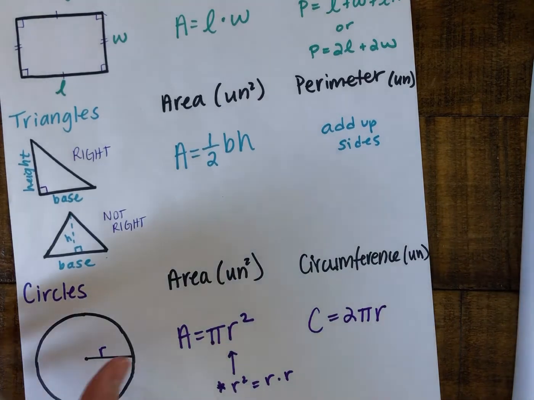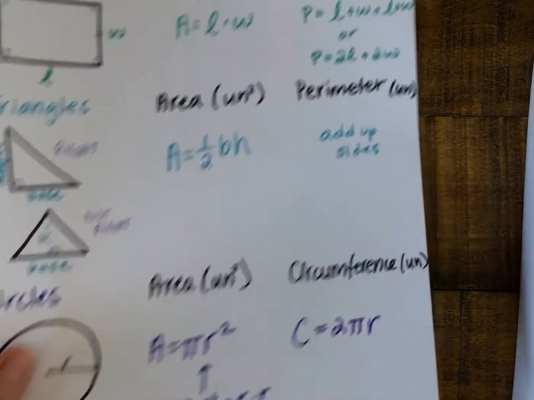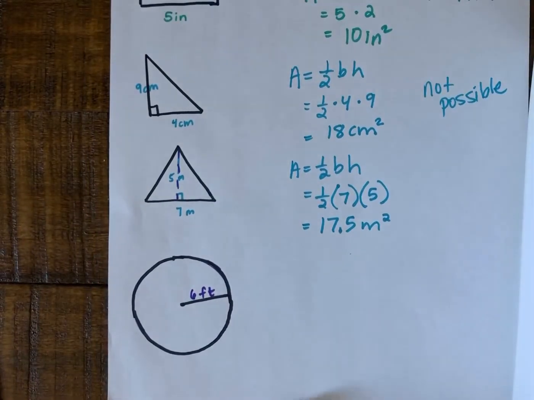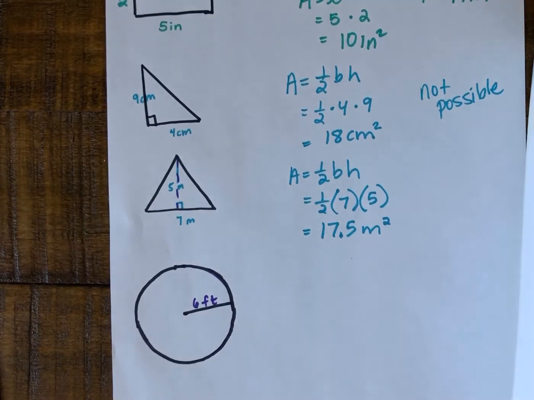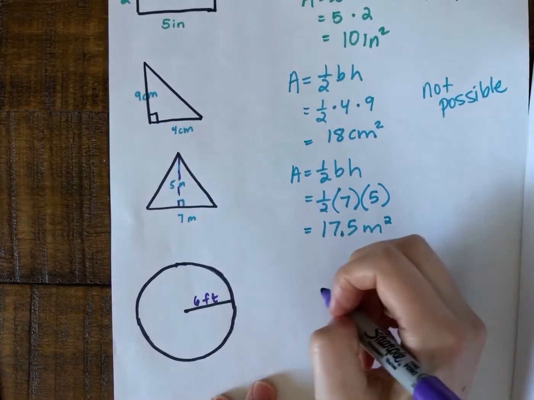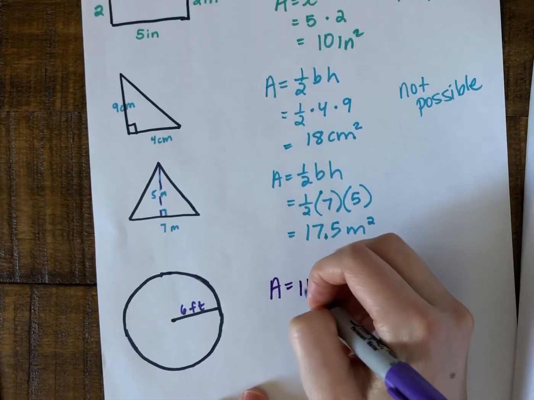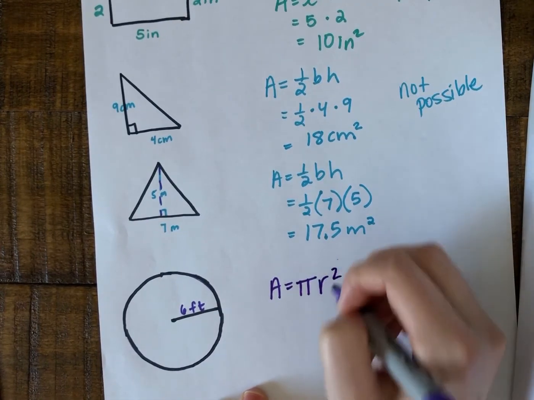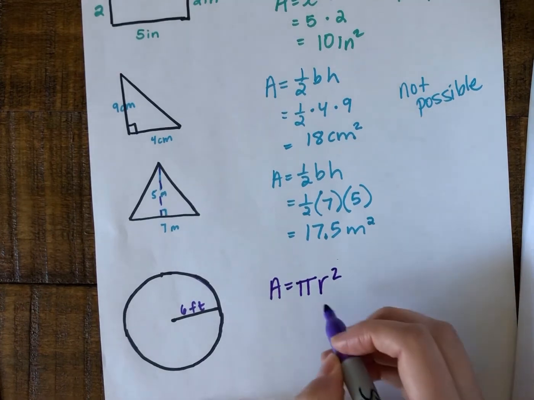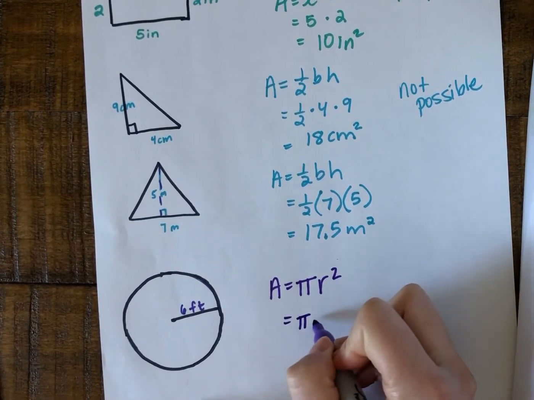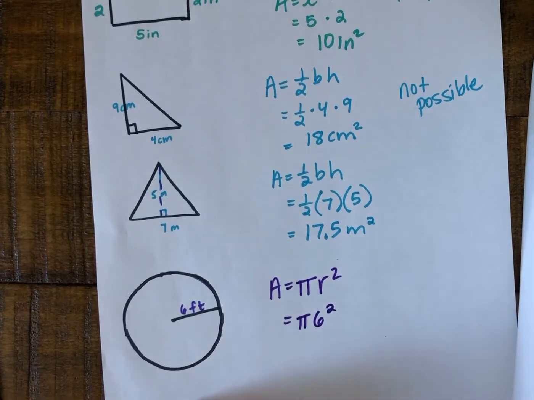All right, let's use these formulas for one quick example. Say the circle I was trying to find the area and circumference for had a radius of 6 feet. I would plug that in for radius, so area equals pi times radius squared. And I'd fill that 6 into my radius here. So pi times 6 squared.